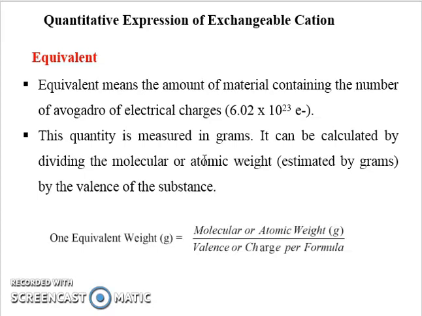The quantity is measured in gram and can be calculated by dividing the molecular or atomic weight in gram by the valence of the substance: molecular or atomic weight over valence, or charge per formula.